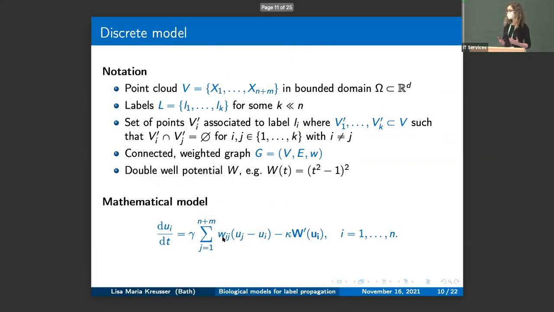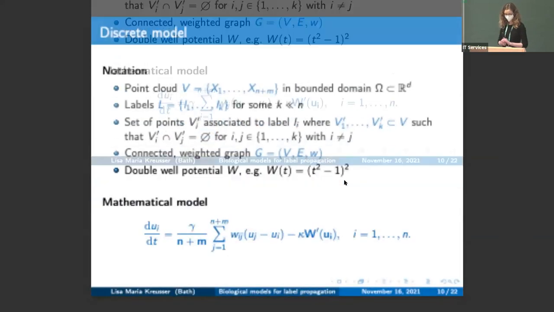And motivated by the literature on clustering, it's very desirable to have some kind of cutoff. So this motivates adding this additional term depending on the double well potential W, which basically restricts those values u_i to be between -1 and 1 if we consider a double well potential of the above form, where the minima are at 1 and -1.